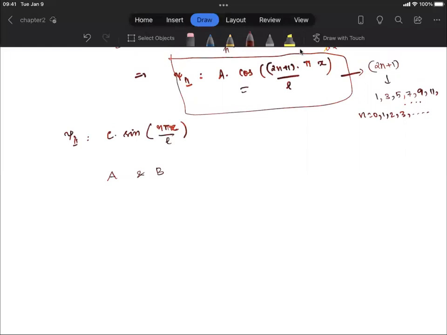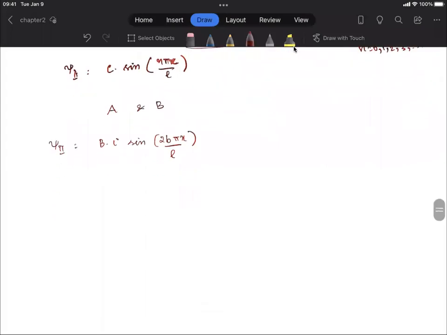In this case, we have the center of the box located at the origin. So we can use the appropriate wave function to describe the even states and the odd states. And if you were to plot them, you'll see that they're very similar to what you get when you plot the wave functions given in the textbook.